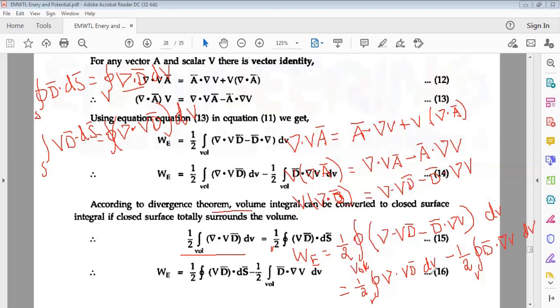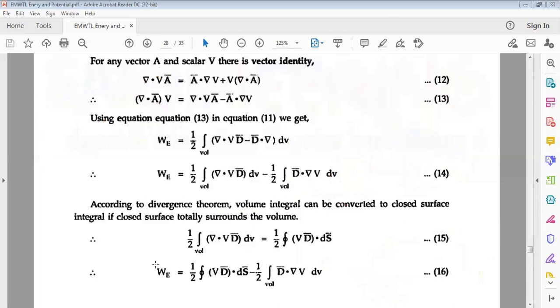So the first integral changes to the surface integral 1 by 2, v d bar dot ds bar, minus the same thing, 1 by 2 the volume integral d bar dot del v into dv.